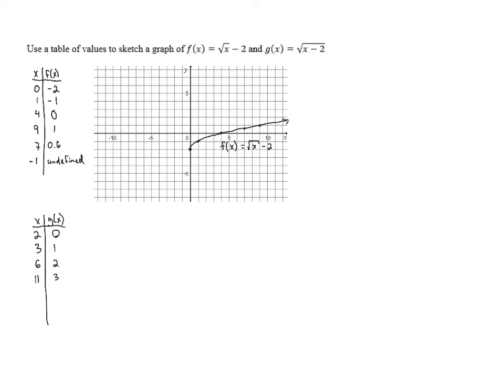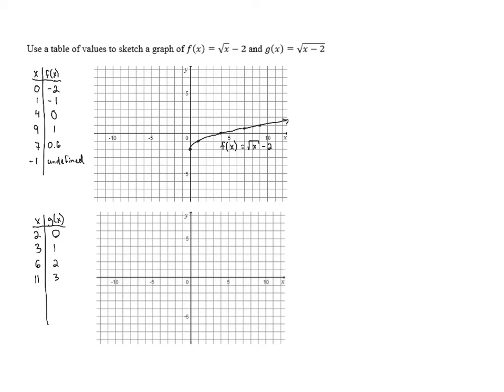So now we've got 4 nice values that give us 4 points that we can plot on the xy plane. All right, we've got the point 2, 0, 3, 1, 6, 2, and 11, 3.